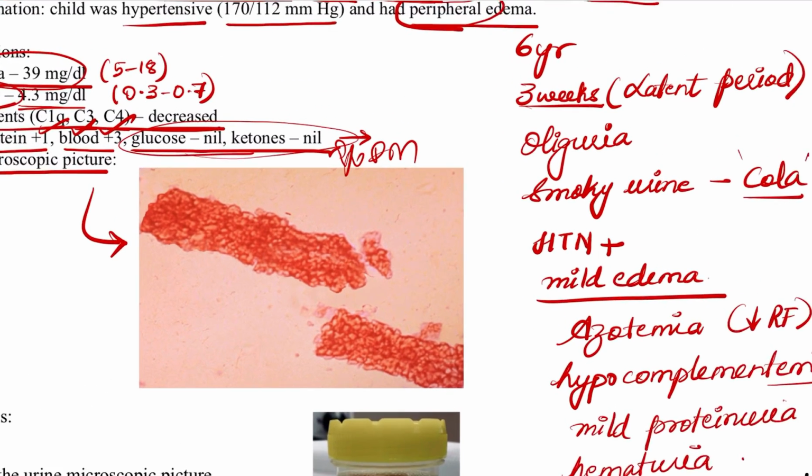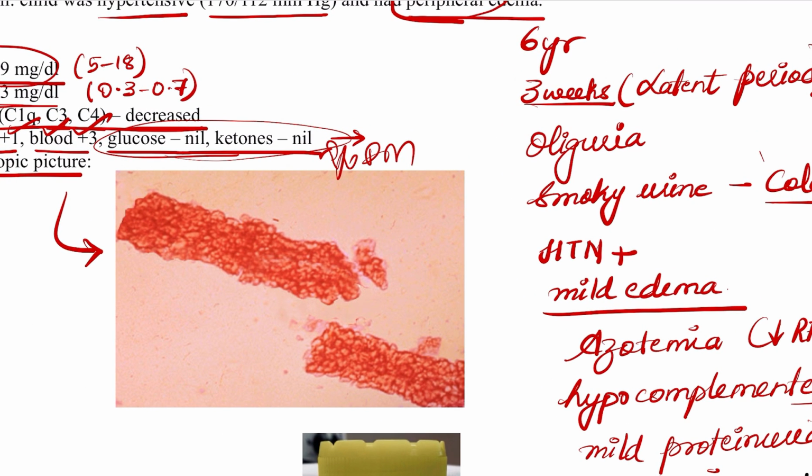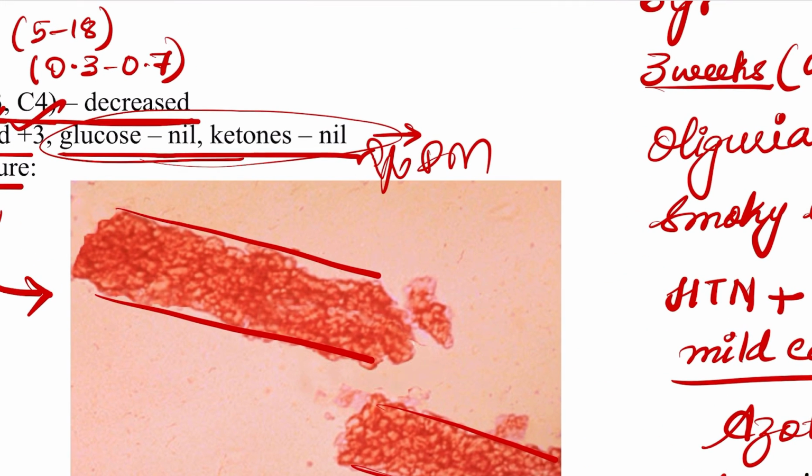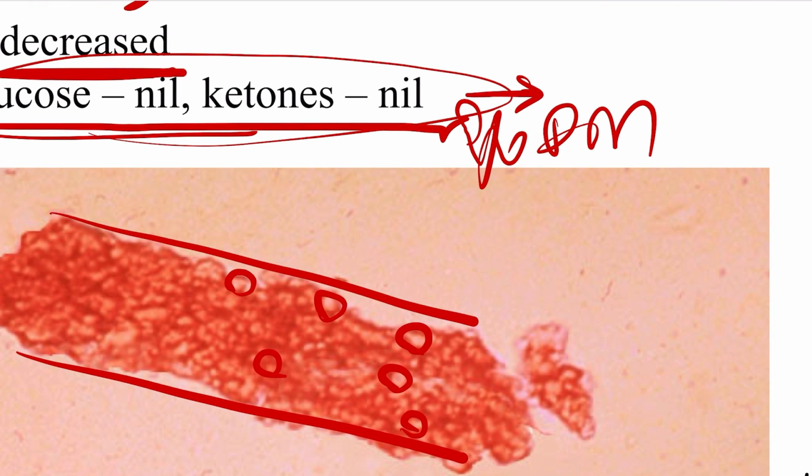And the microscopic picture of urine examination shows certain cylindrical structures. These are the cylinders, and they have a base, over which certain cells are seen. These cells have a clear cell outline, with no nucleus or granules inside.